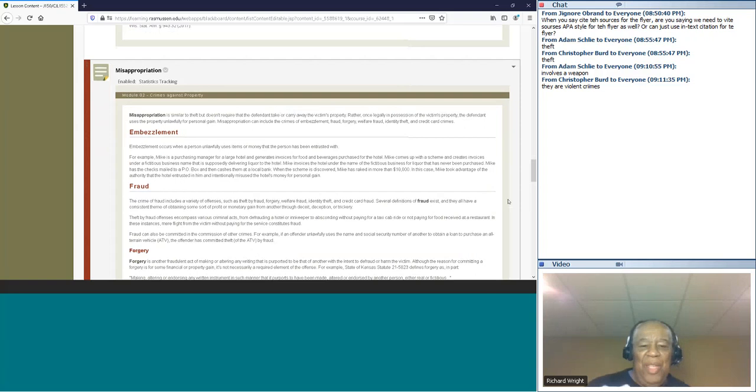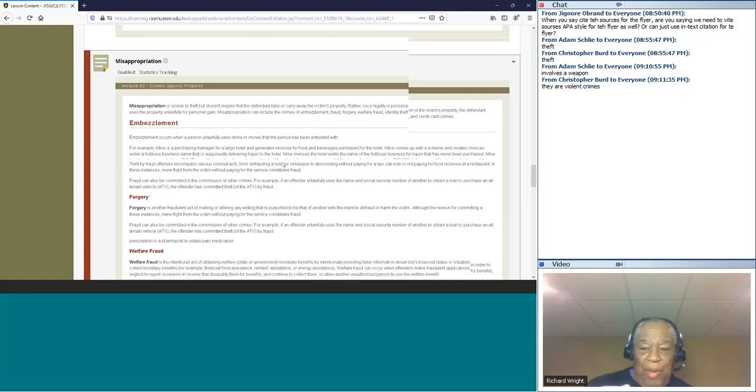Embezzlement is when you're entrusted with some funds or money or something of value, and you take it for yourself. That's basically it. People working in banks, people working in stores, people working on their jobs, and those kinds of things. Okay. Fraud.